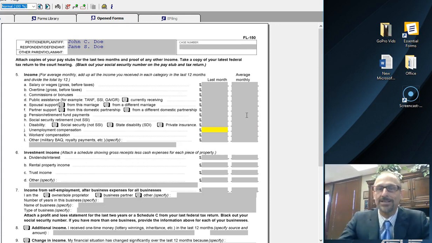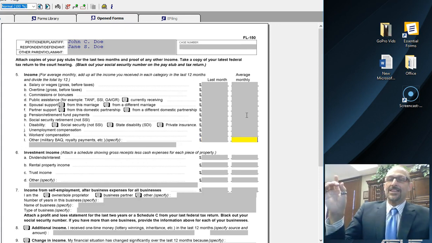Unemployment, if you're on unemployment, that's where this goes. If you're on workers' compensation, that goes there. Again, the average is to the right. If you are receiving some other income that's not listed above, for example, military BAQ or royalty payments, you're going to put that there.